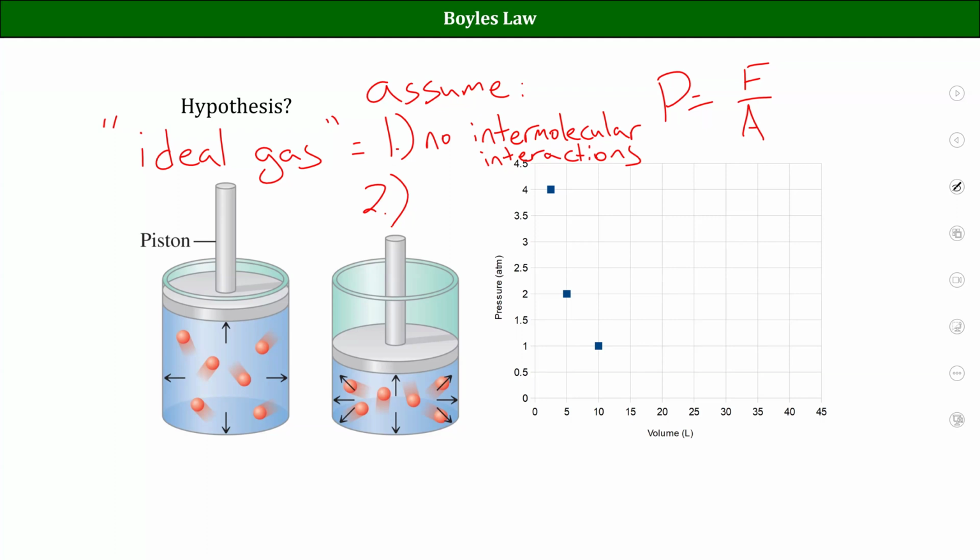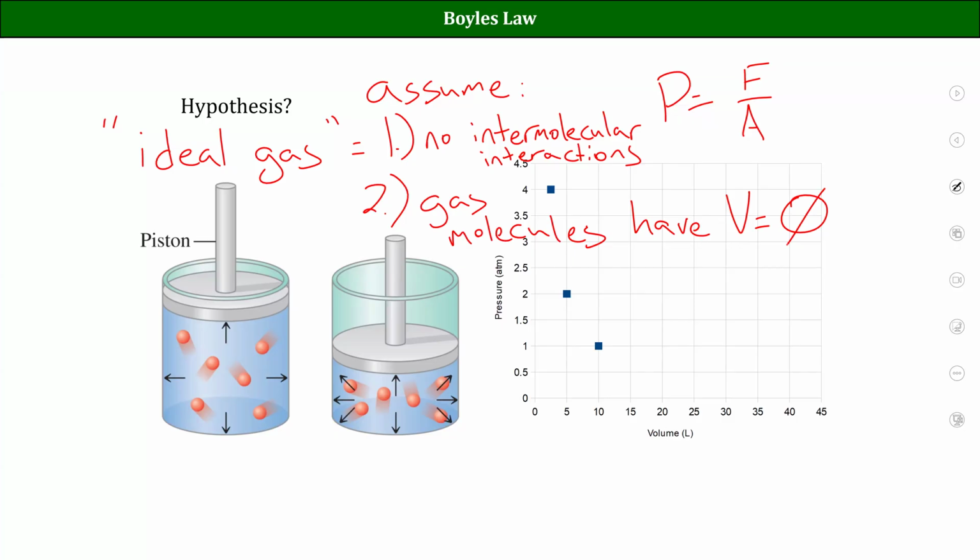So practically speaking, there's no point at which we could actually get to a volume of 0, even if the gas molecules themselves have 0 volume. So that's our second assumption. Gas molecules have volume equal to 0. So basically, it doesn't matter how much you squeeze on this, we're assuming that the gas molecules themselves are not taking up a significant amount of the total volume.